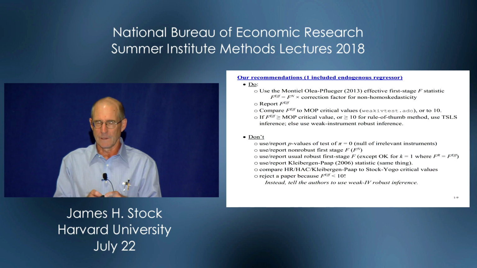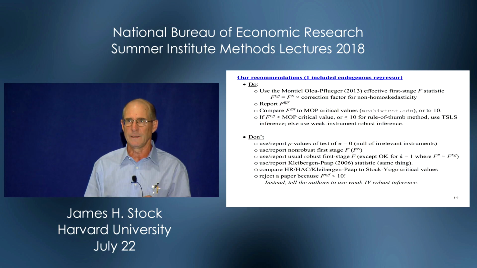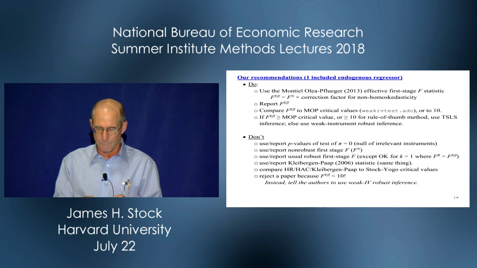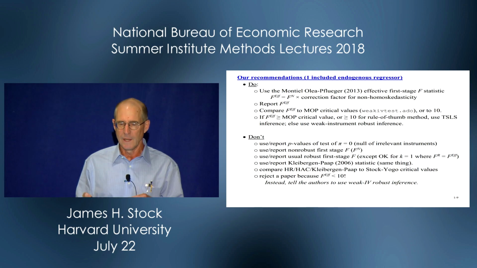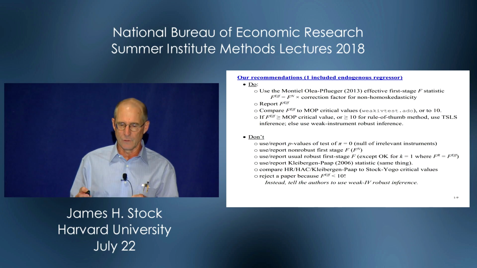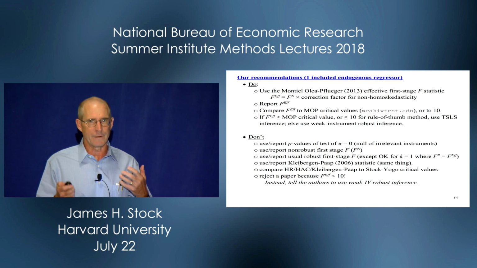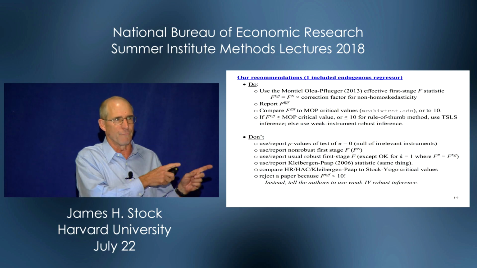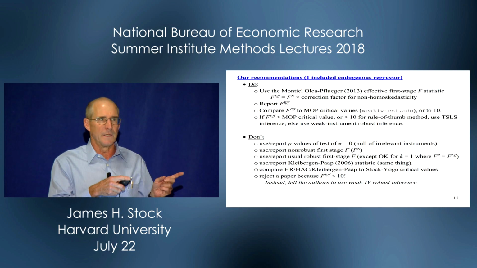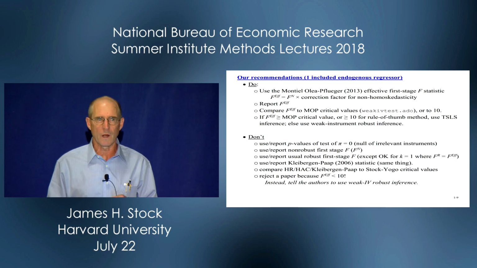So basically the next 30 minutes of the talk is explaining why I think that's right. The reason I'm going to spend 30 minutes on it is that there's really clear theory saying that's the right thing to do and nobody does it. Actually, there's really clear theory that both of these others are the wrong thing to do in the heteroscedasticity case, so I'm just going to walk through that.